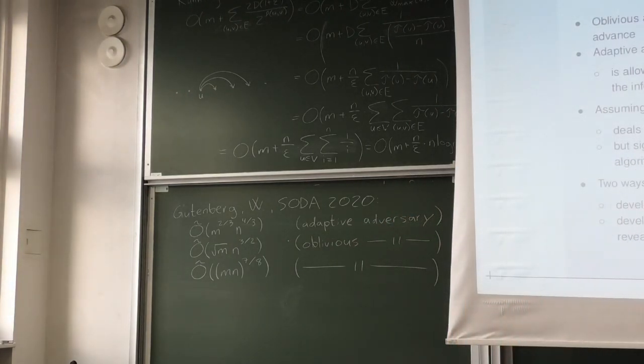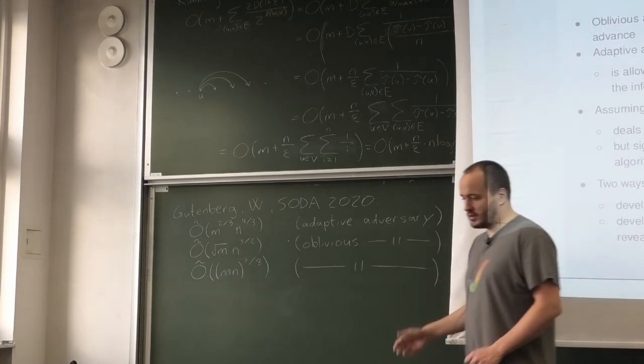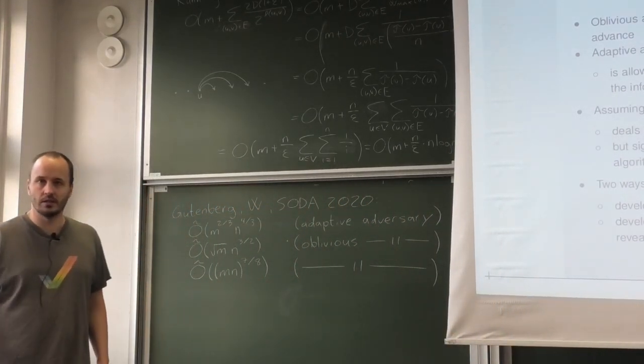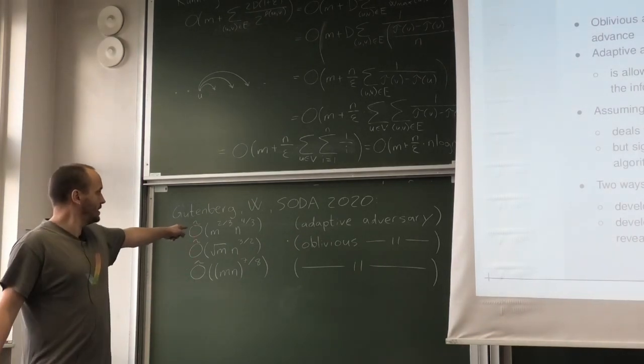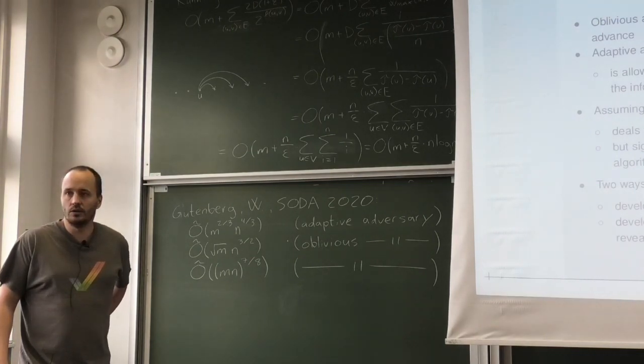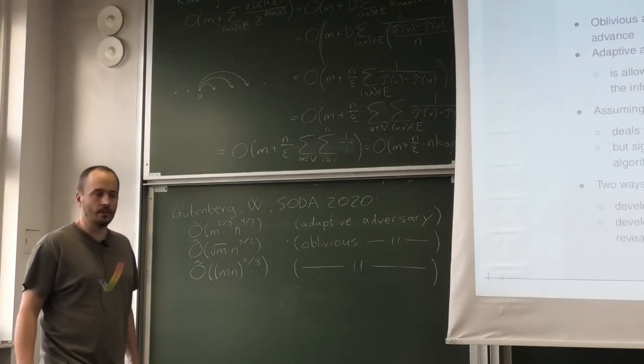The user will at some point potentially learn something about the random bits, but as soon as that happens, we have time to choose new random bits. That's basically what we do in the analysis. Once the data structure has revealed some information about the random bits, we can show that the data structure can afford to choose new random bits, and then the user cannot use that information for anything.